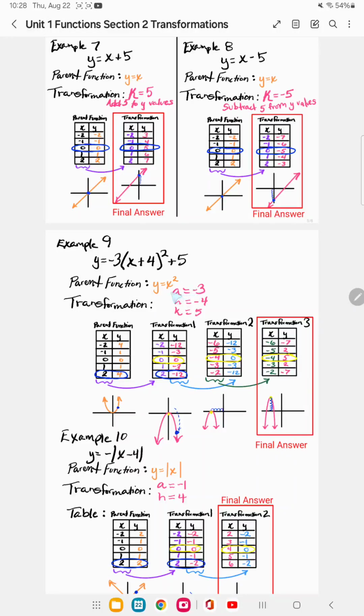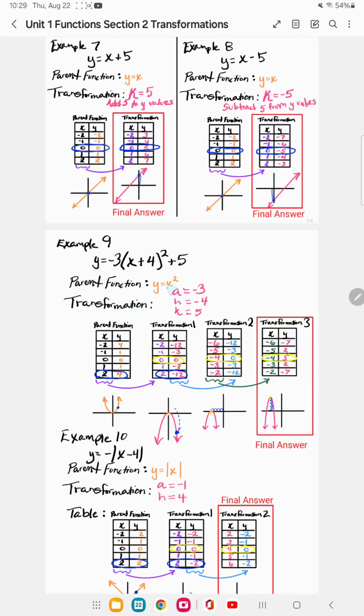For this one, we have -3 in the A spot. We have 4 here, so that means that -4 is H. And then we have 5 for K. So these are my 3 transformations. The first thing I would do is make the parent function table and graph.